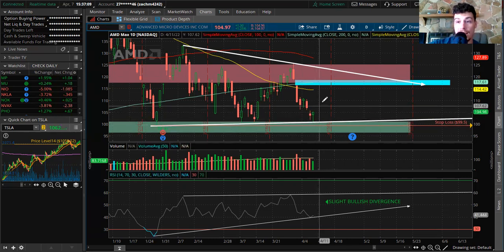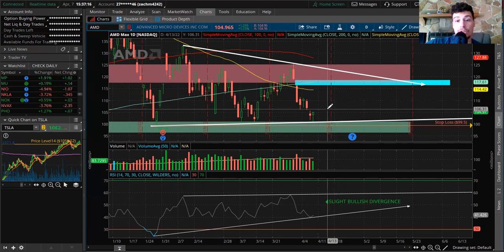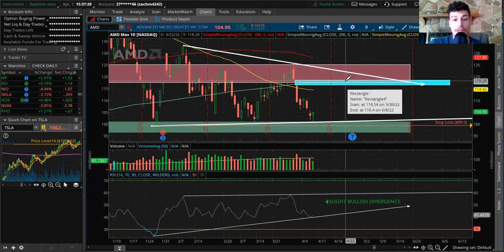To gain up to the 117, 118 level, that would be risking $6 a share to gain about $13 a share. So that's about what we call a 1-to-2 ratio, where for every $600 you're risking, you can potentially make up to $1,300 in reward. You at least want to have a 1-to-2 ratio, preferably a 1-to-3, 1-to-4, 1-to-5 ratio.